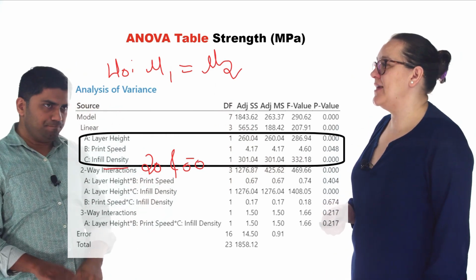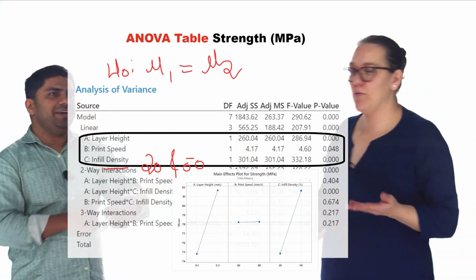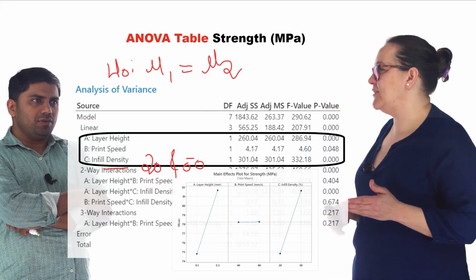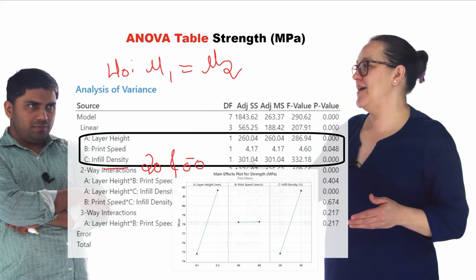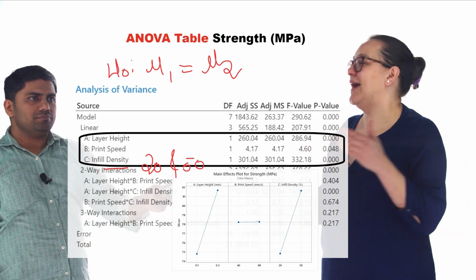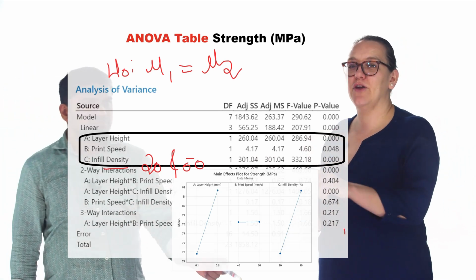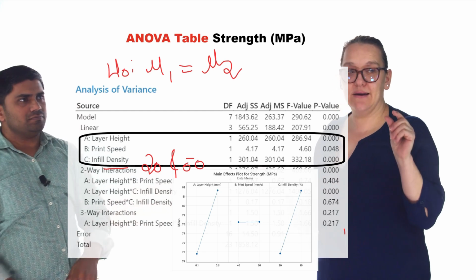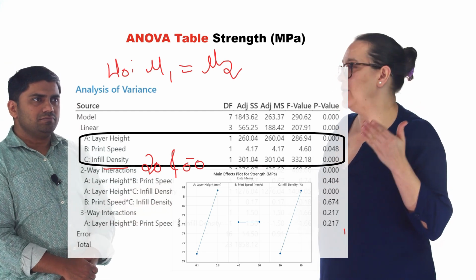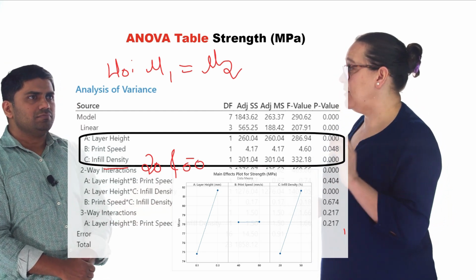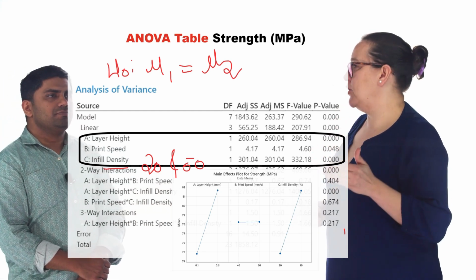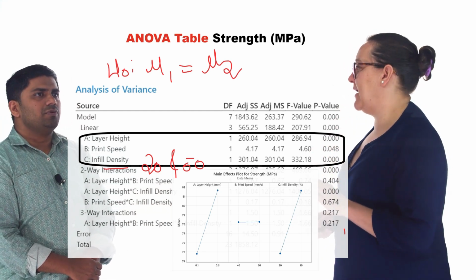They are different. So if you remember, if we look at the main effect plot for the strength, we can see how the layer height has a big impact and the infill density also, but not so much the print speed. However, here the print speed p-value is 0.048. So it means that it also significantly affects the strength, not as much as the other two, but it has a significant impact.